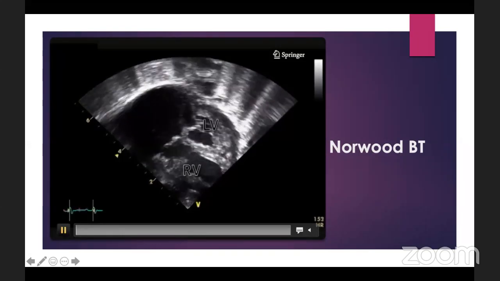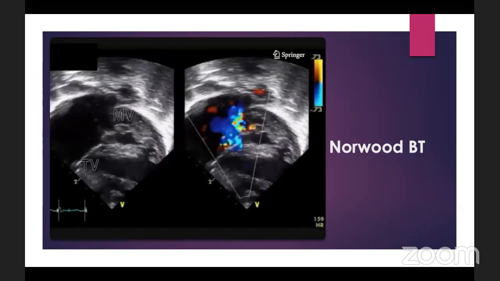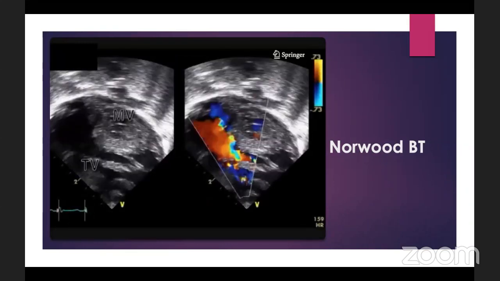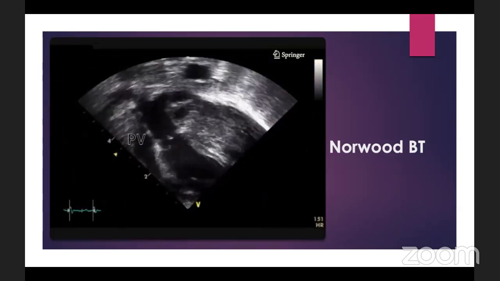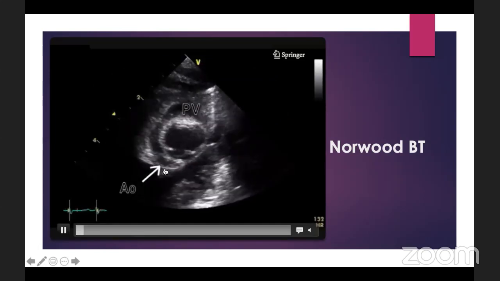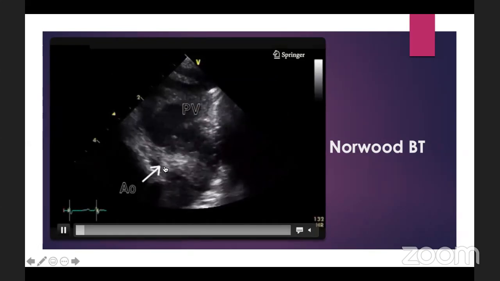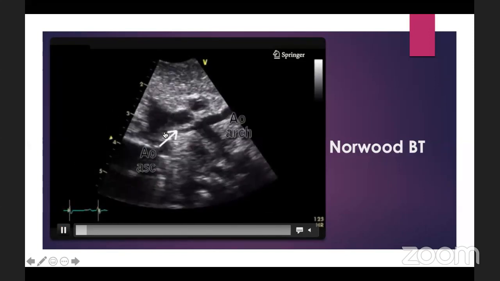Echocardiogram shows a very tiny left ventricle. You can see the pulmonary valve. This is the aortic valve. A small circle here is the aortic valve and ascending aorta. Again, this hair-like structure is the ascending aorta.